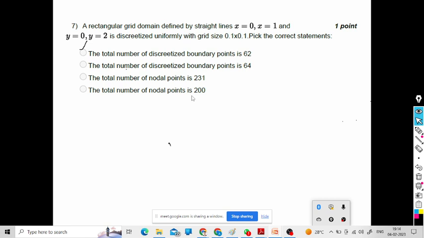So you will get A as x plus 1, B as x plus y, and C as y plus 1. Calculate the discriminant and check for which values it is greater than 0 or less than 0, for finding whether it is elliptic or hyperbolic.